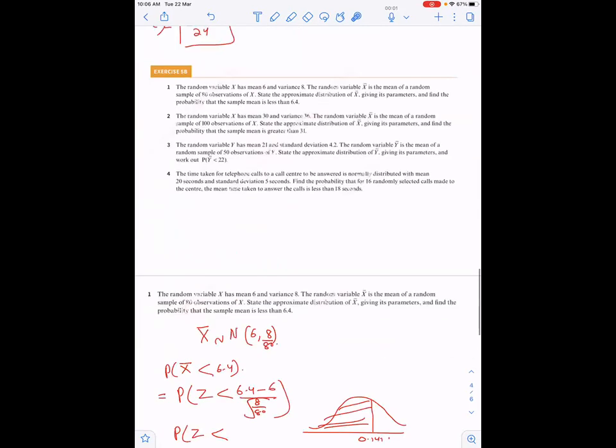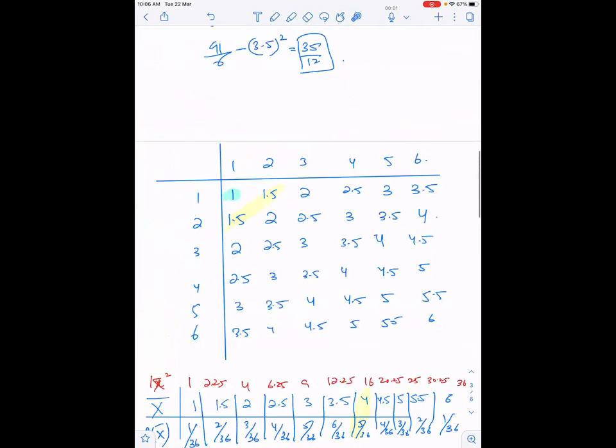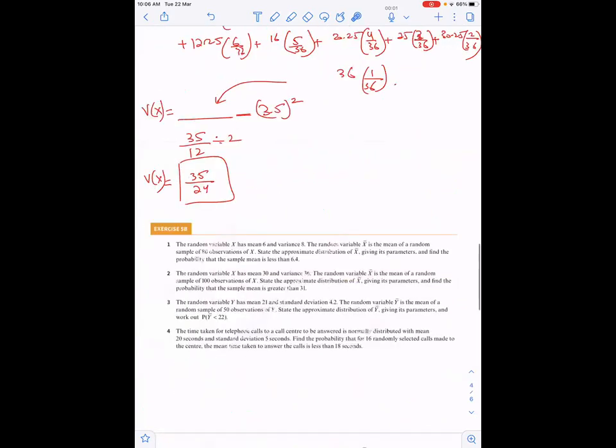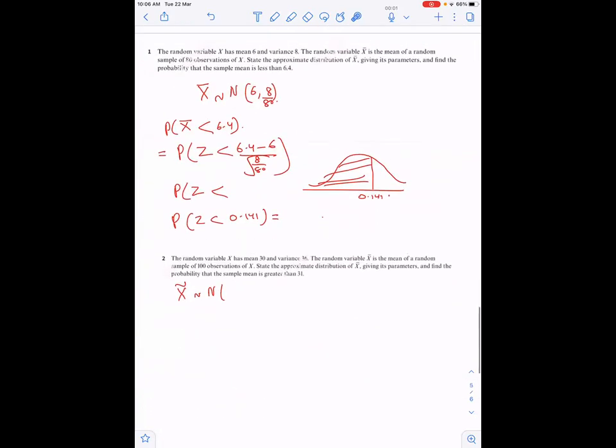This is what we discussed in the questions which we've done. The mean of the population is the mean of the mean. But the variance is actually divided by the sample size. So here also you have to write 8 upon 80, and since you have to write down the standard deviation, the square root of 8 upon 80, and solve it and get the answer.